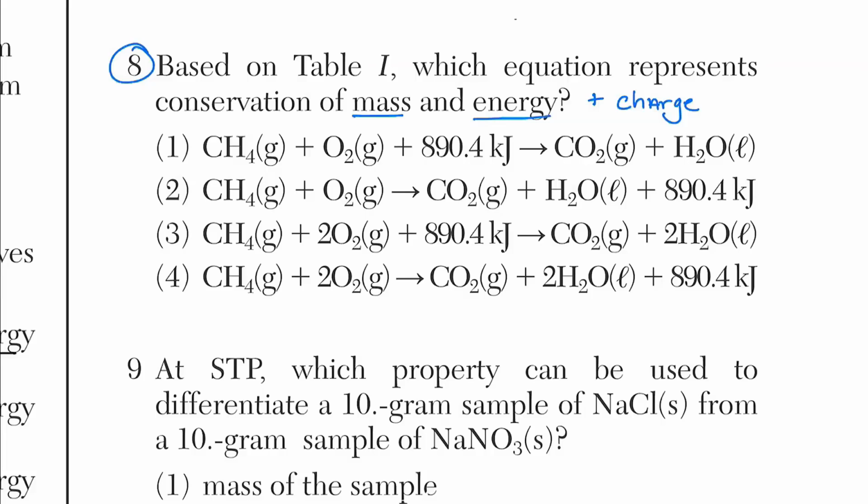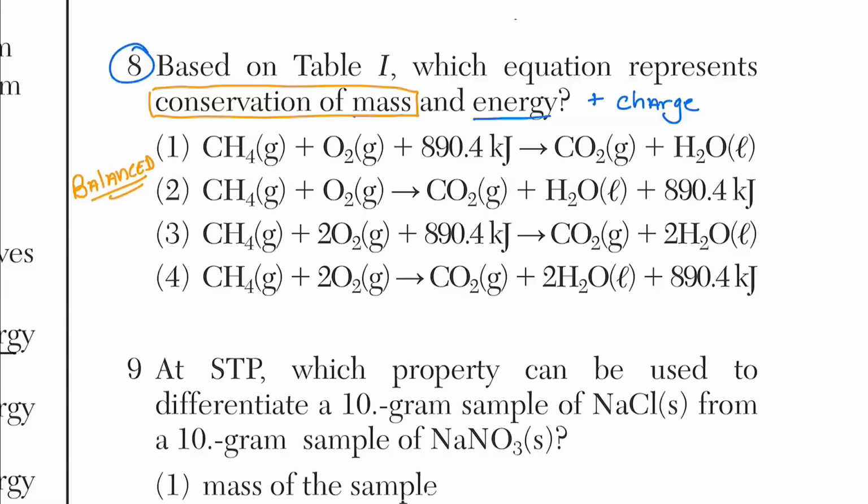The conservation of mass part is balancing. Do we have the same number and same type of atoms on both sides of an equation? Anytime you hear conservation of mass, think: is the reaction balanced? You spent time making sure that you have the same number and same type.